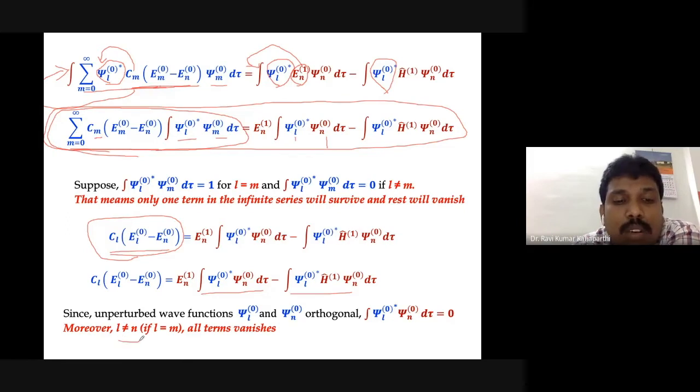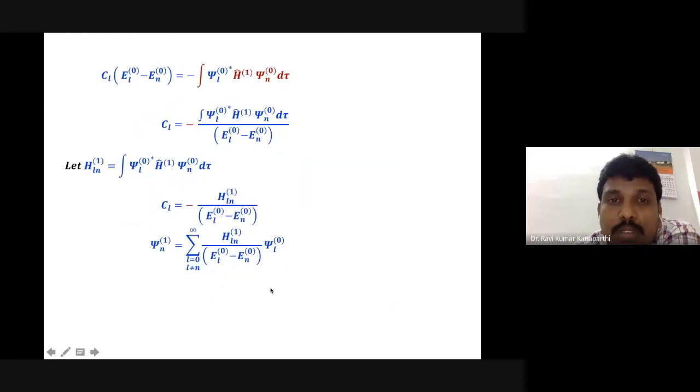Therefore, the condition we get is L is equal to M, and apart from that, L must not be equal to N. If L is not equal to N, then this particular integral becomes 0.